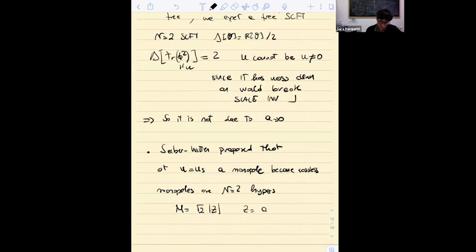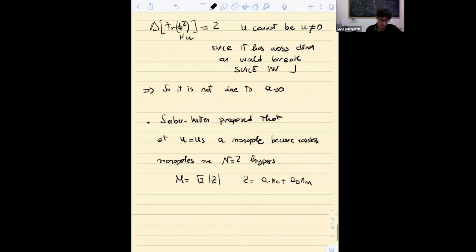And now we have our non-perturbative version of the central charge. So a monopole has zero electric charge and magnetic charge equal to 1. So the mass of the monopole is proportional to a dual. So the monopoles become massless when a dual is going to 0.